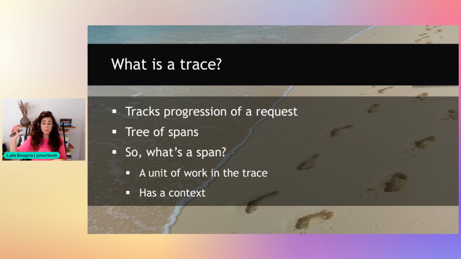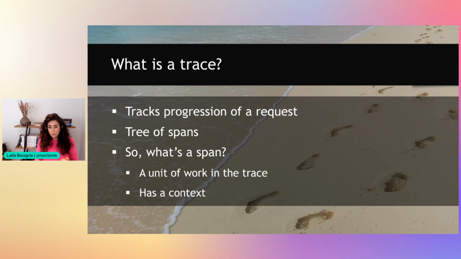That could be getting some data from the database, or ingesting a message from a queue, or publishing an event somewhere, or accessing a REST API of some kind, or even a specific high intensity calculation that's happening inside one of your components. Now, each span also carries a context that is propagated to tie things together. And what is interesting is that you can also capture things that are specific to that unit of work to get a little bit more insight into what is happening.